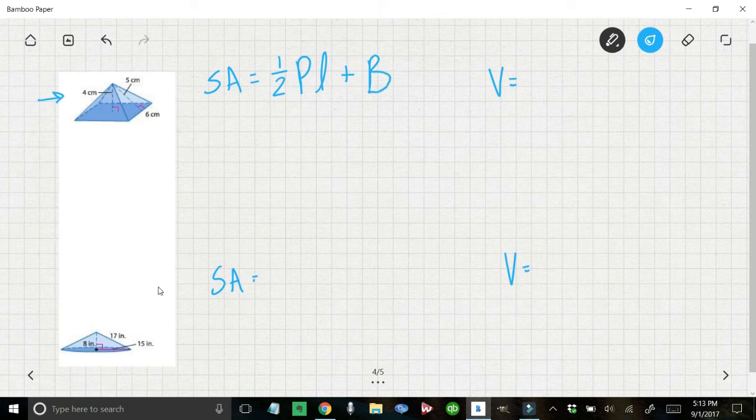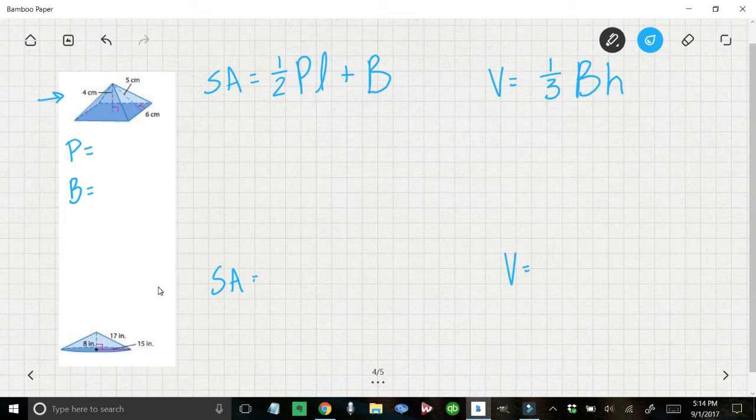And volume is 1/3 the area of the base times H, and that's the actual height of this pyramid. Before I do anything else, I'm going to calculate the perimeter and the area of the base so that I have those numbers to work with, and that will make this question really easy, just plugging numbers into the formula.